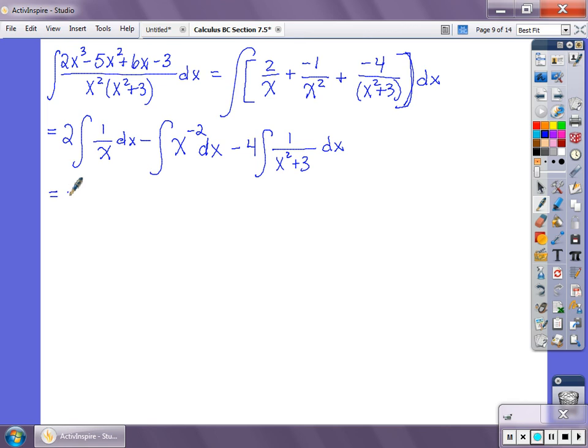So we have twice the natural log of x, add 1 and divide, plus 1 over x, minus 4 over the square root of 3 times the arctangent of x over the square root of 3, and then we have plus c.